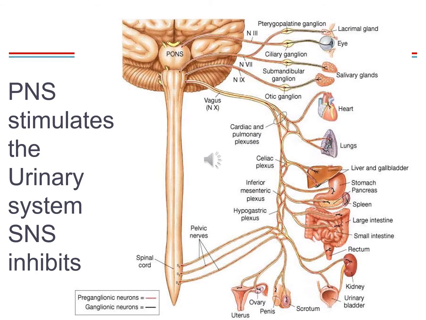As many other internal organs, the urinary system organs are regulated by the autonomic nervous system. In this case, the parasympathetic nervous system is the one that stimulates the urinary system, and the sympathetic nervous system is the one that inhibits the function of the urinary system.